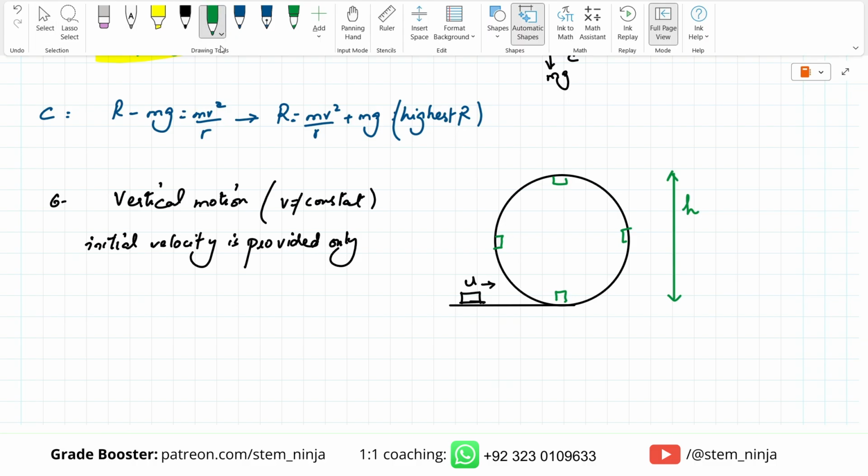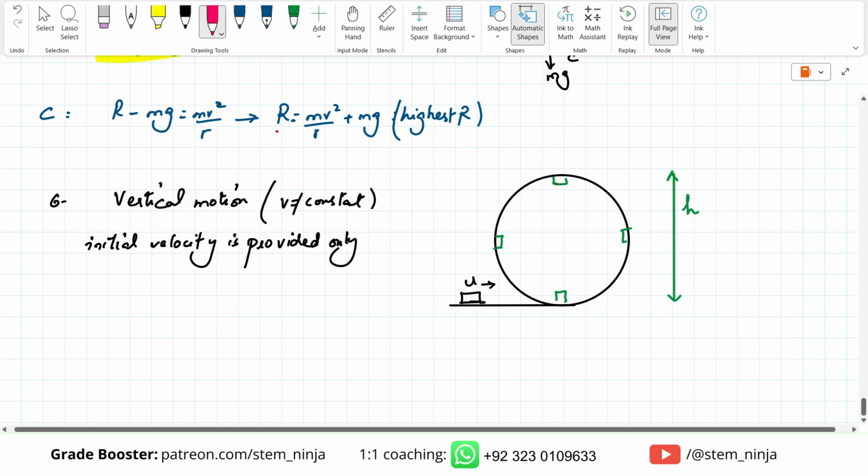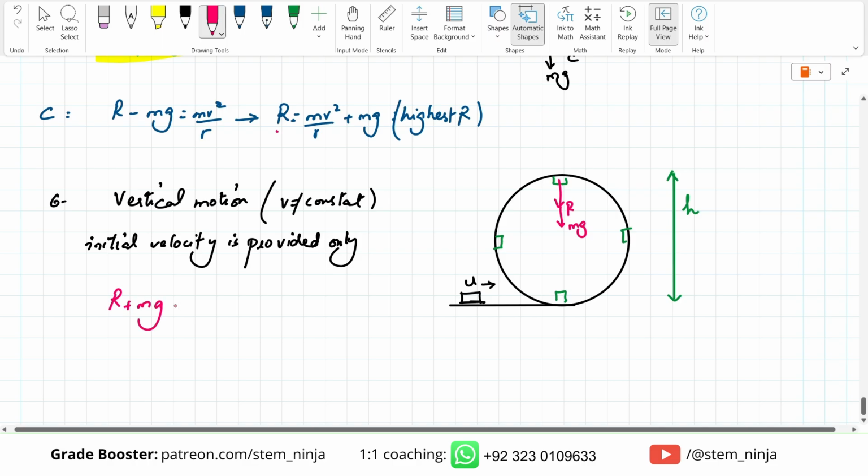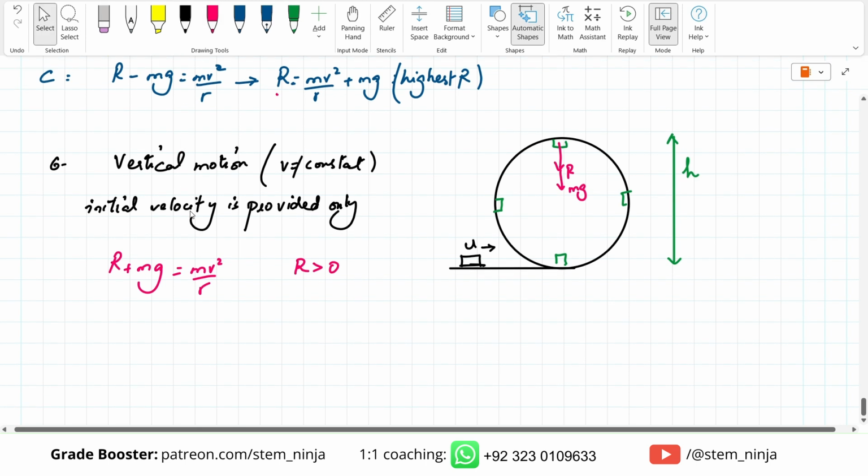That the reaction force over here, this is going to be R and this is going to be mg, that R plus mg is equal to mv squared over R, and to be able to do that, R has to be greater than 0.